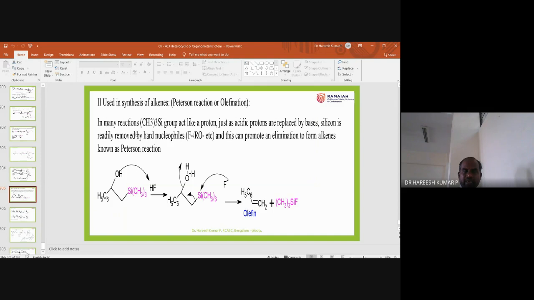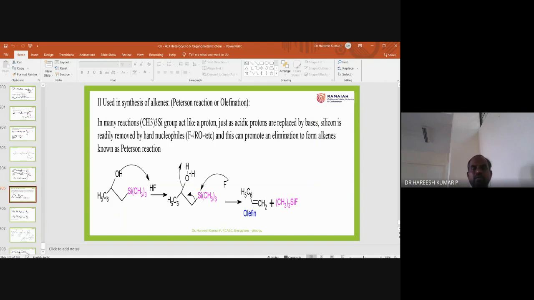So in many reactions, the trimethyl silyl group acts like a proton. Just as acidic protons are replaced by bases, silicon is readily removed by hard nucleophiles. What are the nucleophiles? Nucleophiles may be fluorine, bromine, iodine, and alkoxy.